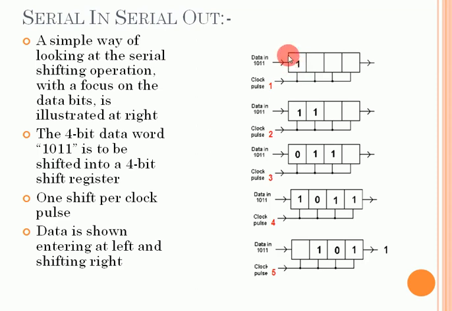The flip-flop will contain the data of this input. When we apply clock pulse 2, this one has been shifted here into the next flip-flop, and the next second one will be shifted into the shift register.